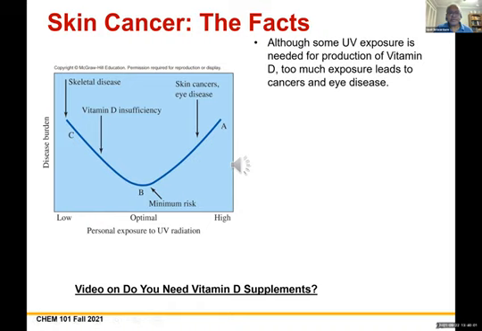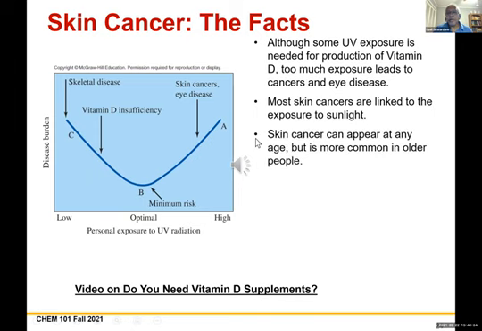Insufficient formation of vitamin D is in that range. So the benefit of UV reaches an optimal point in the middle, P, minimum risk. But as you increase the UV radiation exposure, then the harmful effects take over. Therefore, there's an optimal exposure.